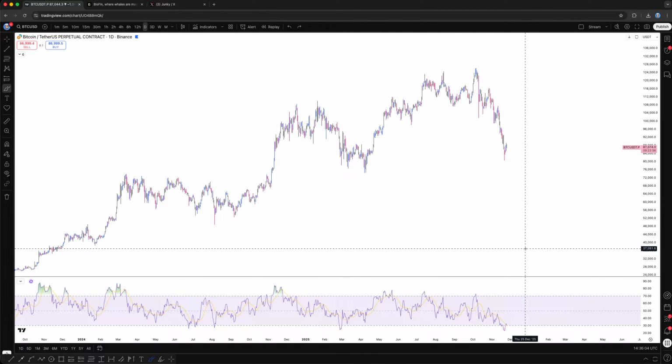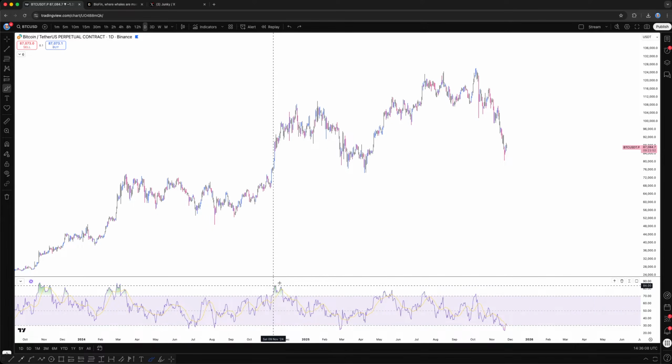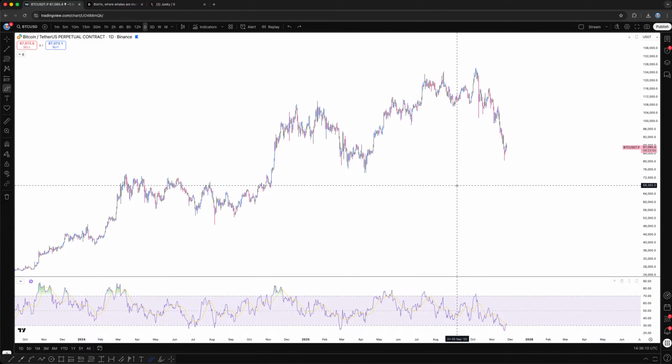Generally, I don't use per se the oversold and the overbought territory, because it's normal that in an uptrend the price stays a long time in overbought and in a downtrend in oversold, but they are usually interesting places to look for a mean reversion trade or for a reversal.